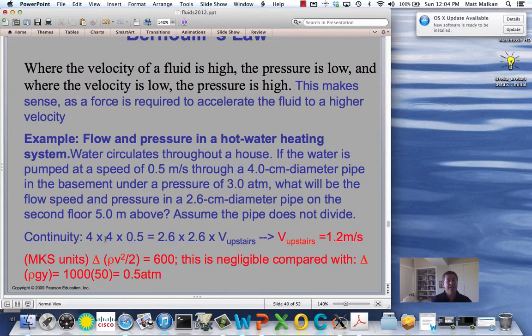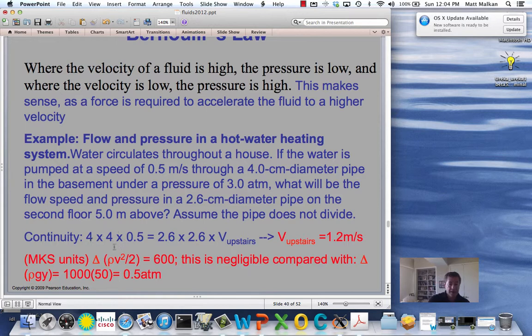What I did is I just said, since there's one pipe going to one pipe, the area times the velocity is equal to the area times the velocity upstairs. I canceled out the pi's, and I was so lazy I just put in the diameters. I realized that actually these should be radii, so those should both be divided by 2. Well, so what? Because these are also diameters, they should both be divided by 2. The proportions that I've set up are correct.